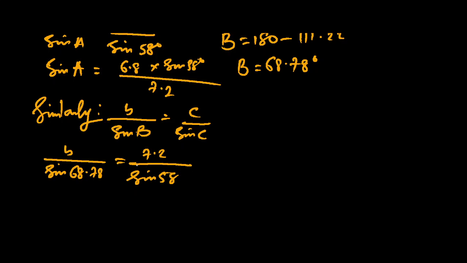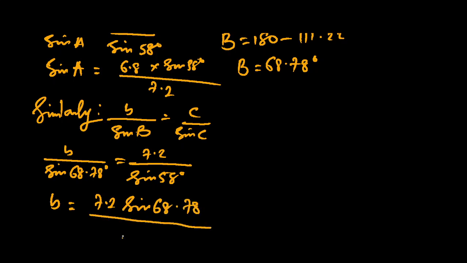Am I making sense now? So if you cross multiply, you have that B equals 7.2 sine 68.78 divided by sine of 58. Is that taken now?